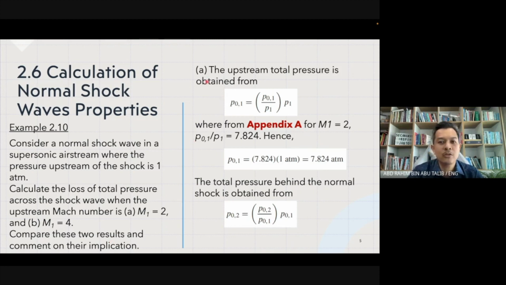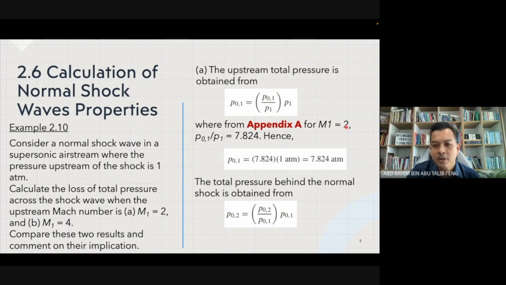Okay, let us look into the first condition, where M1 equal to 2. So the upstream total pressure is obtained from this expression. Again, this is the expression that we normally use for this situation. All right, this is before the shock wave. So we then use Appendix A for M1 equal to 2.